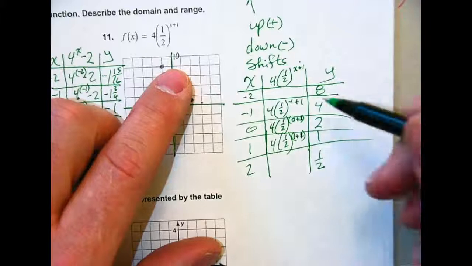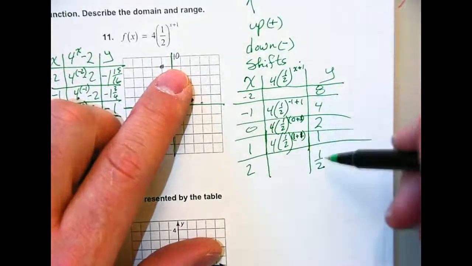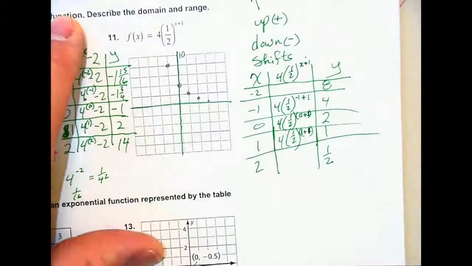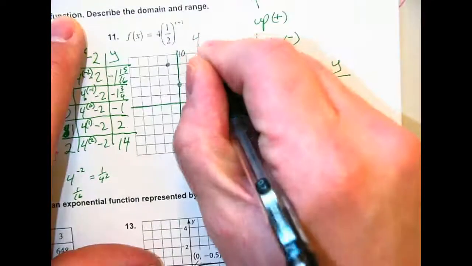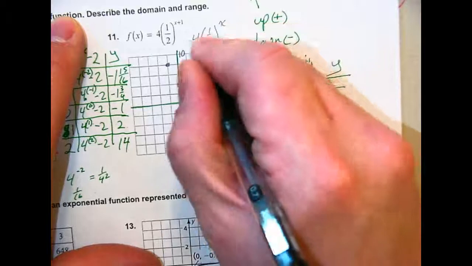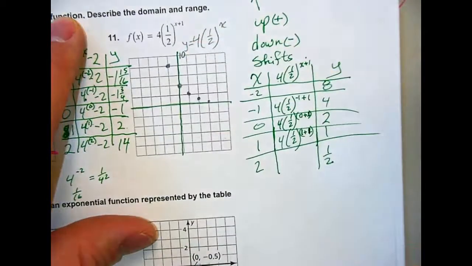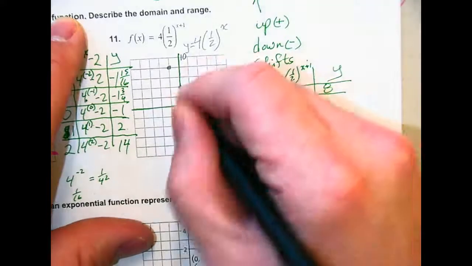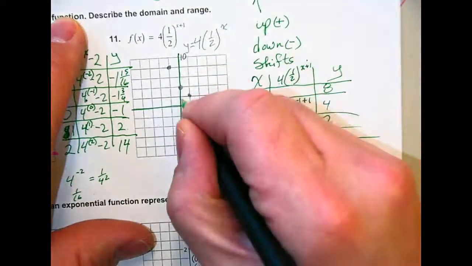I have not graphed these points. I've graphed the original graph. So this graph that I have in pencil right here is 4 times 1/2 to the x power. The points that I'm going to put in pen here, I've gone up by 2's on my y-axis.